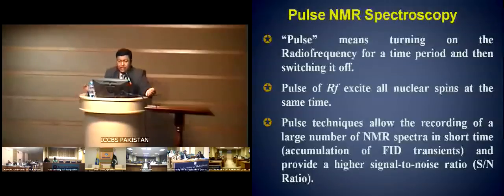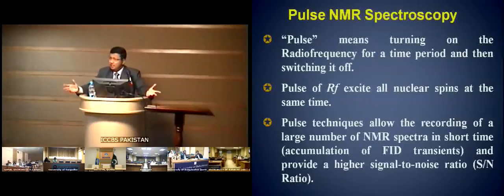Okay, so that's what we have done. We have accumulated FIDs, transients. FID को बहुत सारे name देते हैं. ये जो NMR के लोग हैं ना, they have a very special love of whatever they get. So they generally give a pet name. FID is one pet name, the other is called transient, the other is called interferograms.